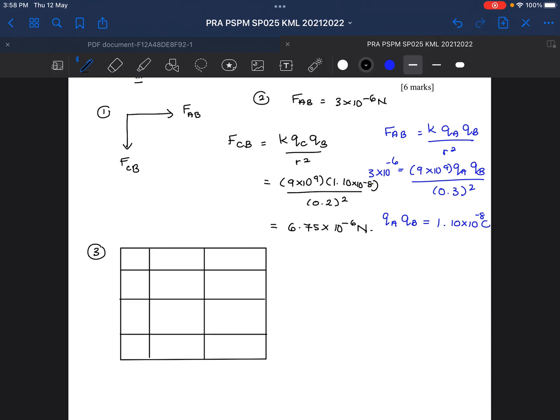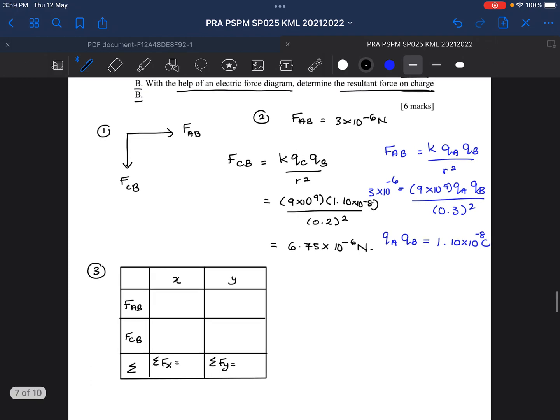Okay, so we have force dekat X component, force dekat Y component. So we have to put it on X and Y lah sebab dia vector. So we have FAB, we have FCB and then we have the total force on X and Y component lah. So this is total force on X, this is total force on Y component.